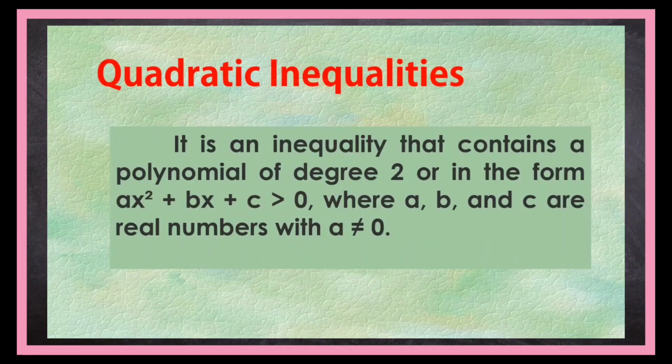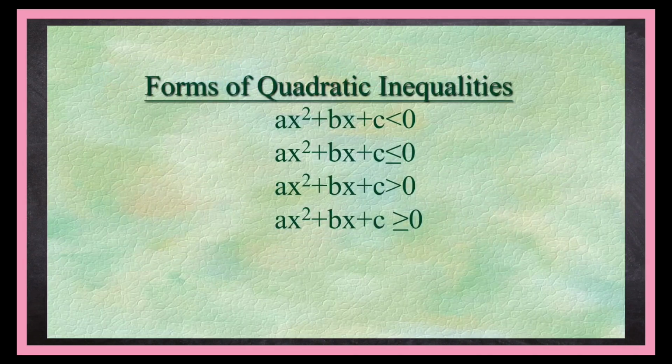When we say quadratic inequality, it is an inequality that contains a polynomial of degree 2, or in the form of ax squared plus bx plus c is greater than 0, where a, b, and c are real numbers with a not equal to 0. We have forms of quadratic inequalities.